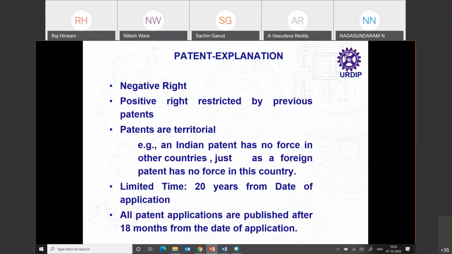Edison brought the bulb to the market. 10 years before that, another gentleman, Henry Woodward, had invented the light bulb and had taken the patent. The disadvantage of Woodward's patent was the filament used to get burned in a few minutes. If your filament goes off in a few minutes, you can't have a commercial product.